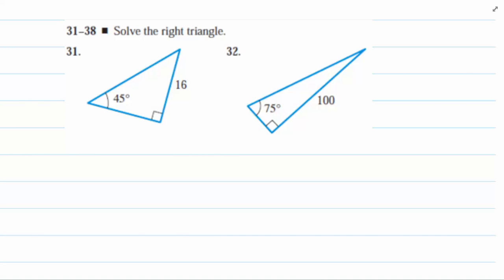For numbers 31 through 38 in our practice in the textbook, we're being asked to solve the right triangle. And what that means is to find all missing side lengths and angle measures.